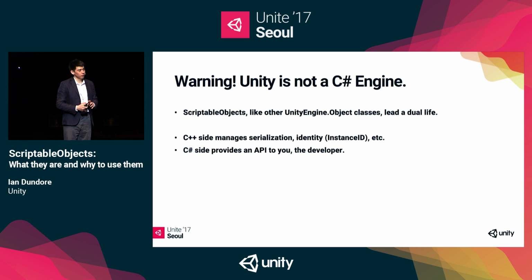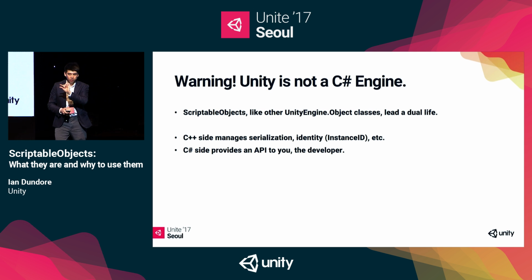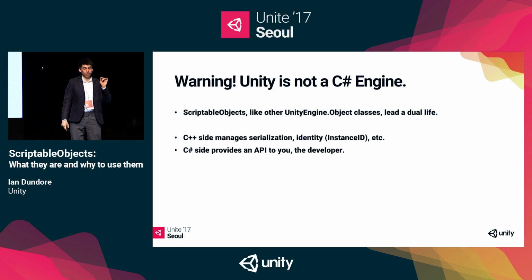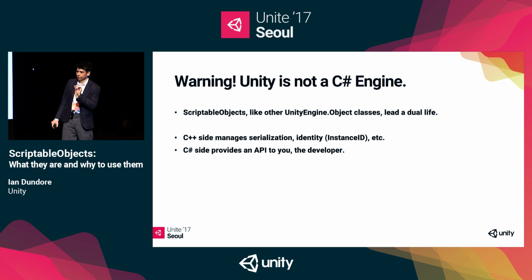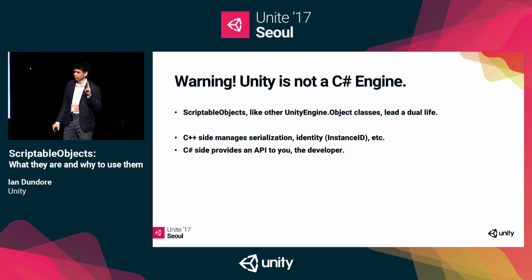Now, quick note of caution. A lot of people like to think that Unity is a C# engine. This is wrong. Unity is a C++ engine, and it has a C# scripting layer on top. So, just like all the other classes that derive from UnityEngine.Object, there's two parts to a scriptable object. There's a native C++ part and a C# script part.